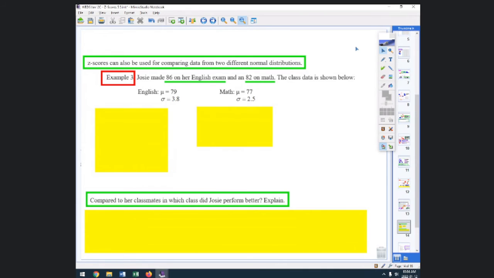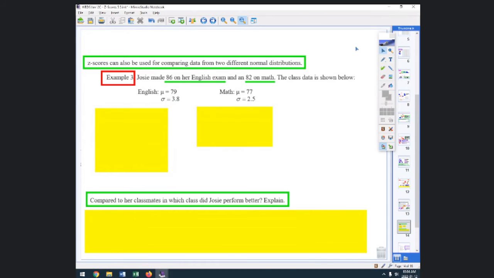Josie made 86 on her English exam and 82 on her math. The class data is shown below. For English, the mean score was 79, and the standard deviation is 3.8. Math has a mean score of 77, and the standard deviation is 2.5.